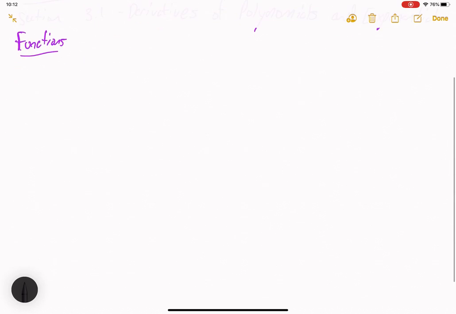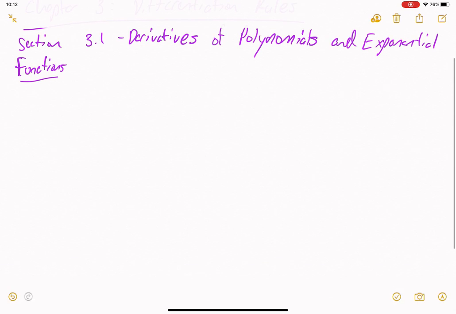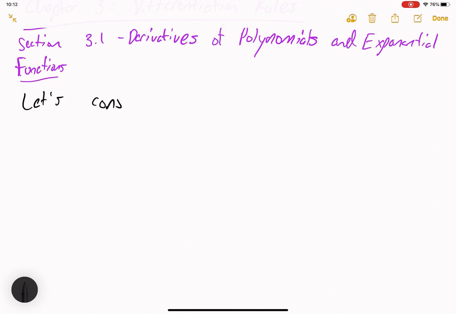So the first thing we're going to start off with is a constant function. All right, so let's just consider the function f of x equal to c, a constant. c is just a number, no specific number, but just a constant function.